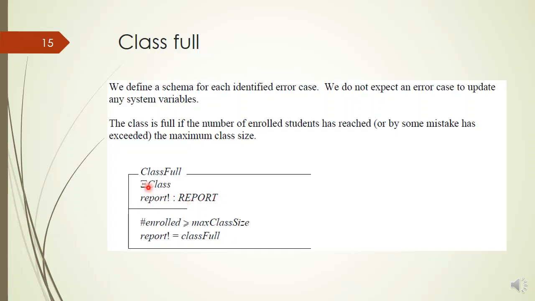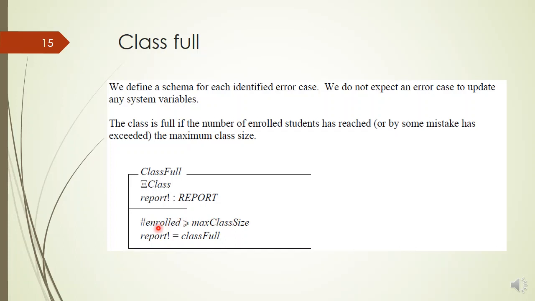So the precondition for this operation schema class full is that the number of students enrolled in the class is equal to or greater than the size of the class. So this is the precondition.